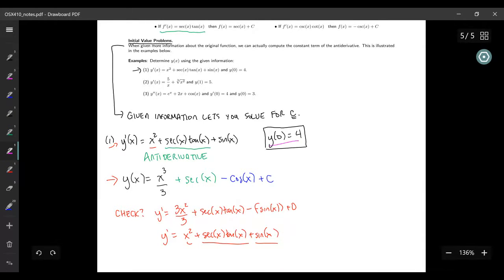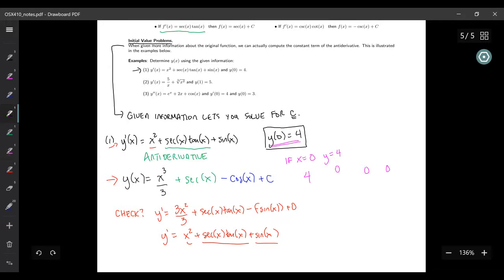Now let's use this given information. This tells me that when I plug in 0, I'm going to get a y value of 4. Right?